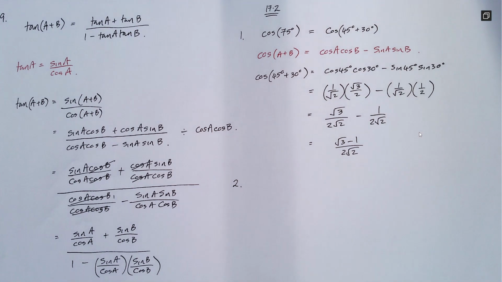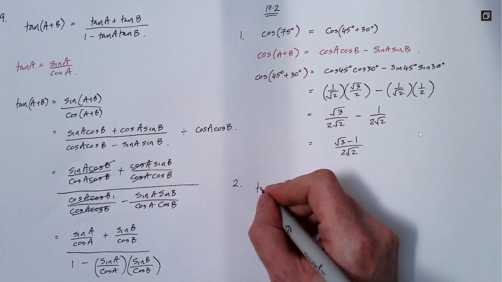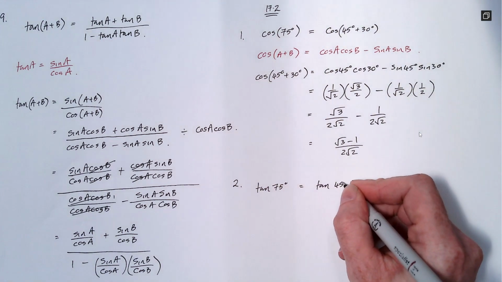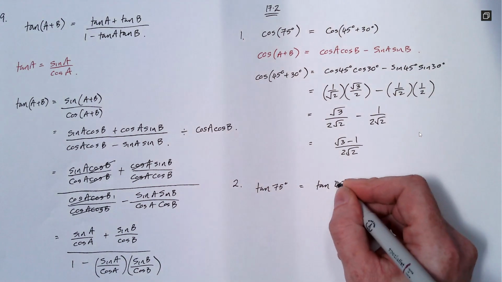Now do tan of 75 degrees. So tan of 45 degrees plus 30 degrees.